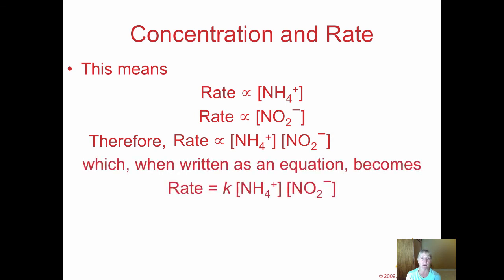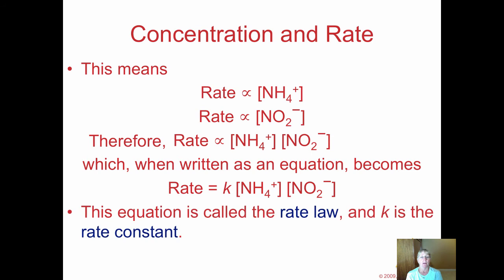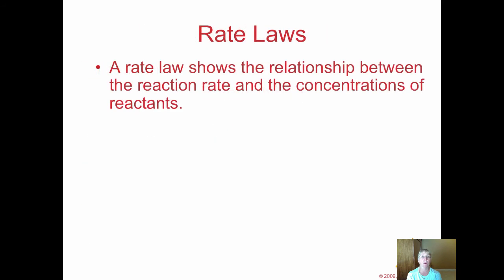You'll have rate equal to a rate constant, expressed with the letter K, times the concentration of ammonium times the concentration of nitrite ion. Both of those, by manipulating them, impacted the rate. So that's what we call a rate law, and specifically ammonium and nitrite are both what we call first order.